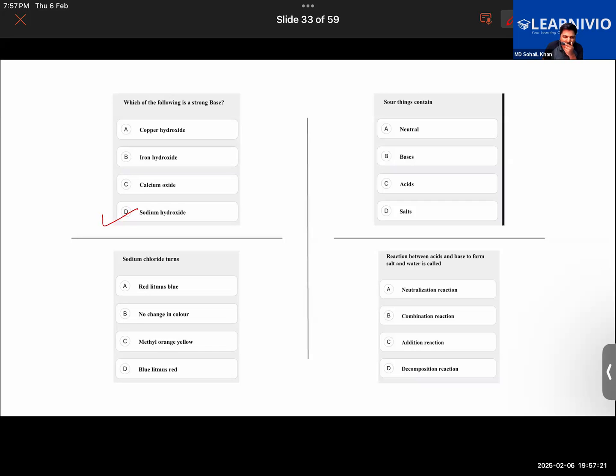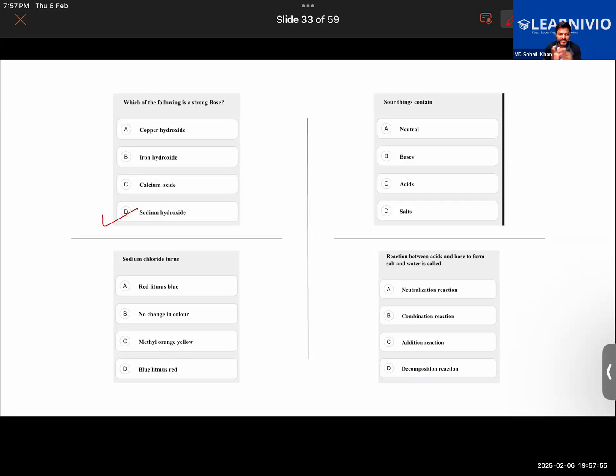Sodium chloride and a red litmus turns blue. What is sodium chloride here, Razan? Is it an acid, a base, or a salt? Remember, as I was telling you moments ago, the common salt that we consume basically contains sodium chloride in it. What is the chemical nature of salt?